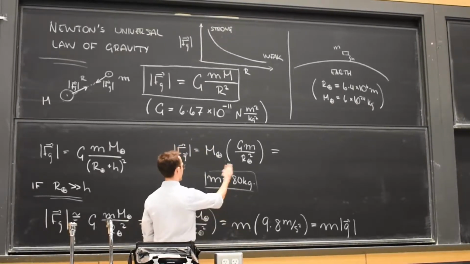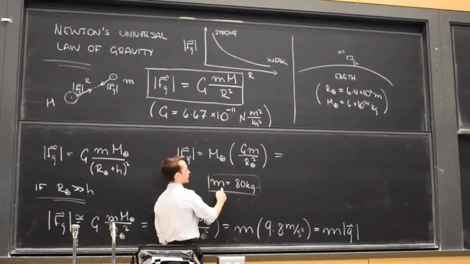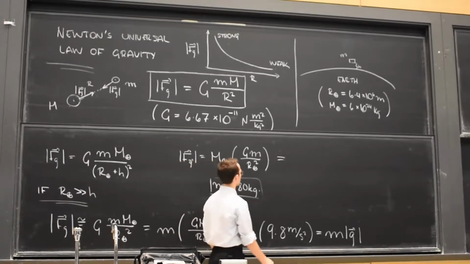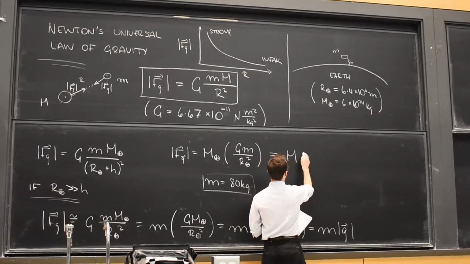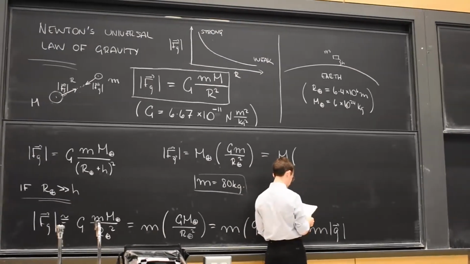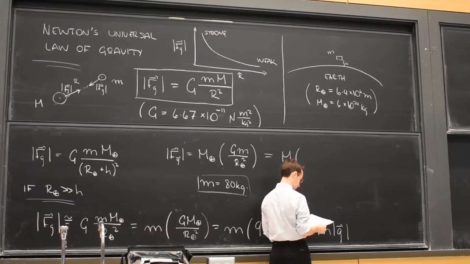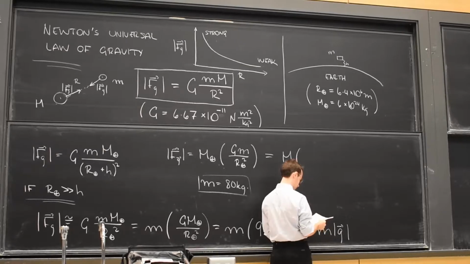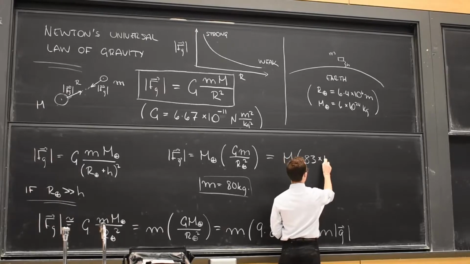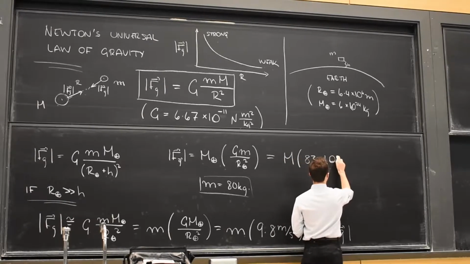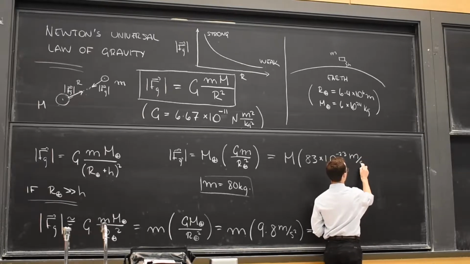So if you plug in all the numbers again, we're not plugging in the mass of Earth, we're plugging in the mass of just an average person, you would find that this is roughly 83 times 10 to the negative 23 meters per second squared.